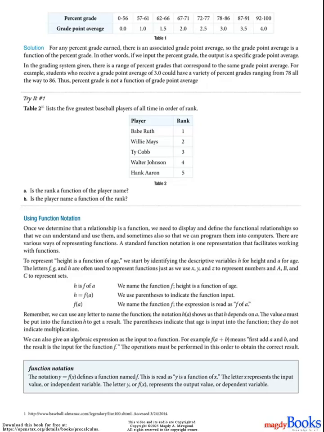Player, Rank. Babe Ruth, rank 1. Willie Mays, rank 2. Ty Cobb, rank 3. Walter Johnson, rank 4. Hank Aaron, rank 5. A. Is the rank a function of the player name? B. Is the player name a function of the rank?